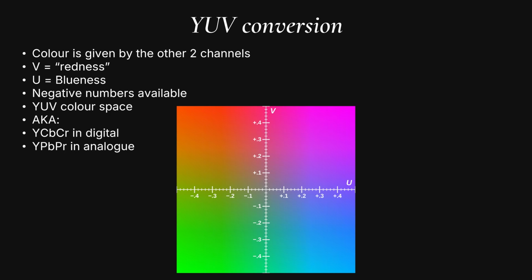It sounds silly, but if you look at what's happening here, this V axis is redness, and the U axis is blueness. If we go down to where the U axis is making no difference, we're down here. If you go very red, you get to red, and if you go very not red, you get to green. So by going on that axis, we can describe red and green.